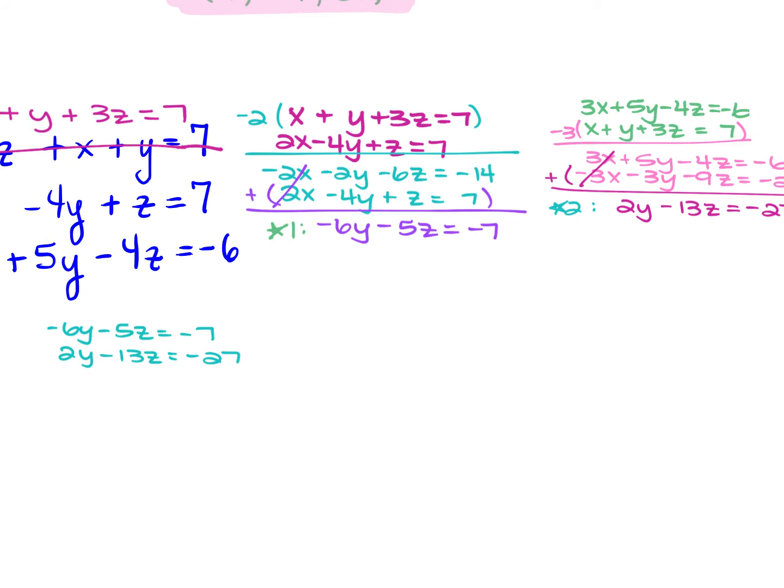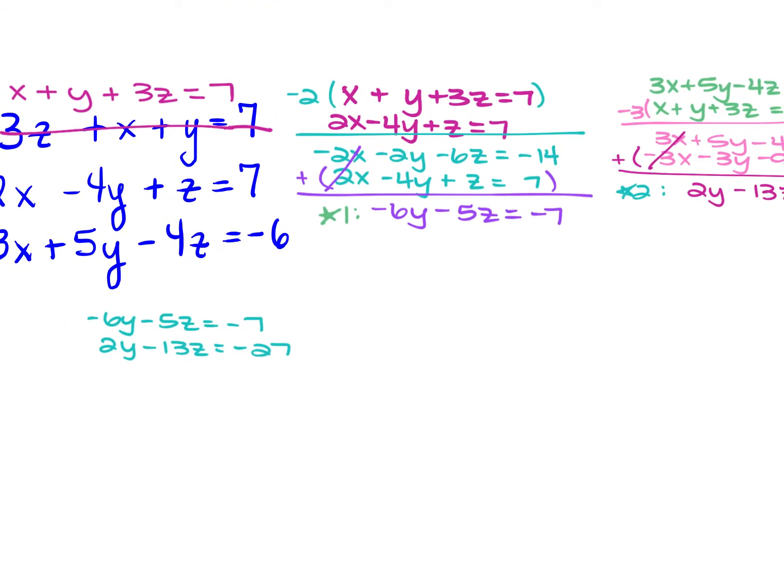From here, easiest one to get rid of is the y values. They're opposites, so the only thing we're multiplying the 2 by is 3 in order to get them to be opposite coefficients. So we have the top that's not changing, so negative 6y minus 5z is equal to negative 7 is going to stay.